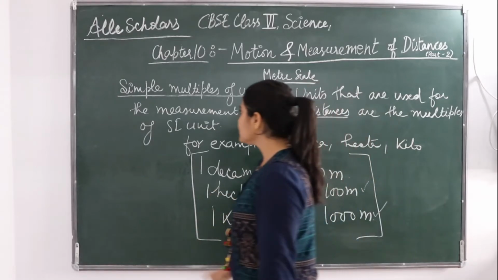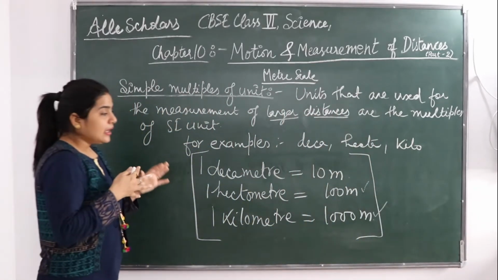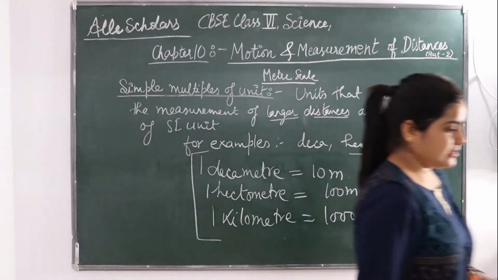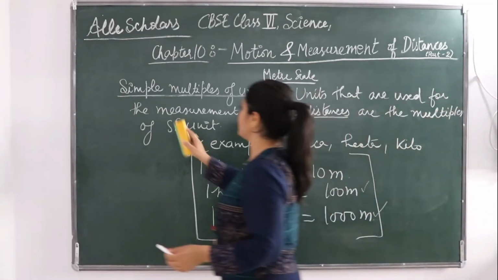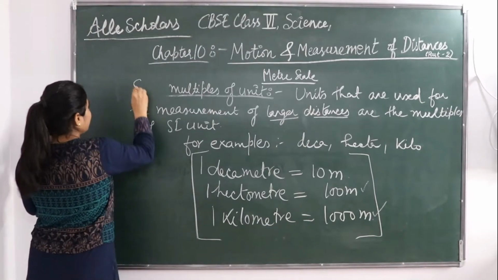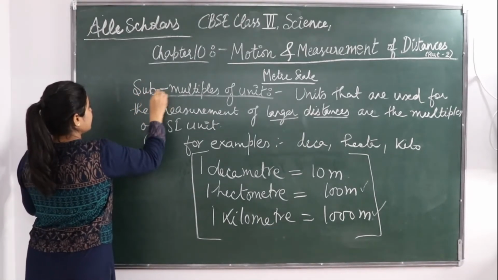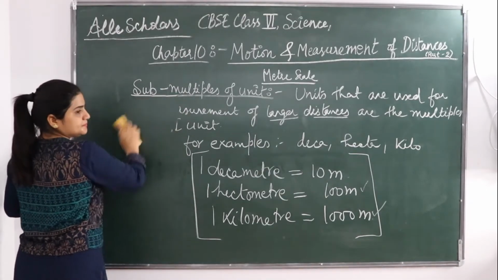Okay, so these are the simple multiples of units. Now we will see the smaller units. Sometimes units are very small, so we will see the sub multiples of units. Now the sub multiples. Sub multiples are for smaller units.